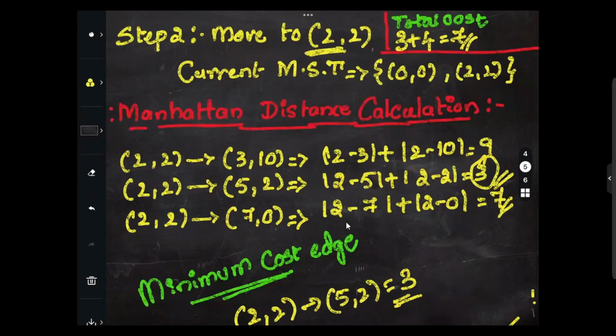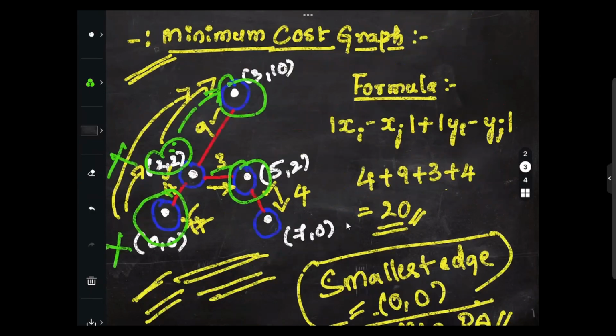Yeah, 2, 2 to 5, 2. We have to consider 5, 2 here. Now we have already considered 2, 2 and 0, 0. From 5, 2 we need to consider the edge to 3, 10 and the edge to 7, 0. These two edges we are considering.